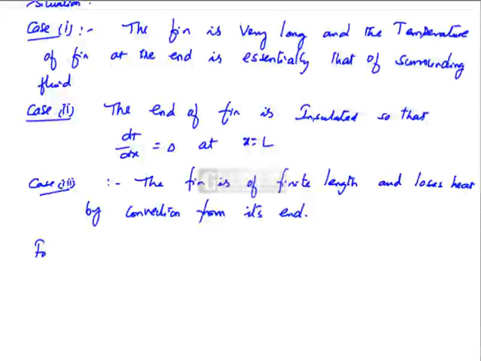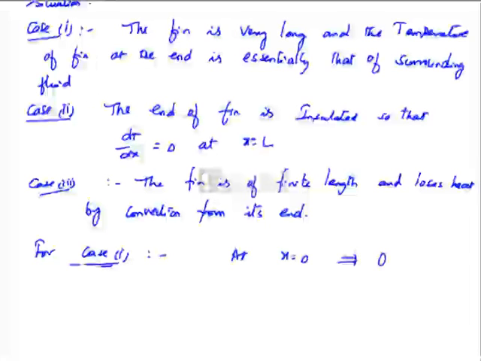So for case 1, boundary conditions are at x is equal to 0, theta is equal to theta naught, and at x is equal to infinity, theta is equal to 0.